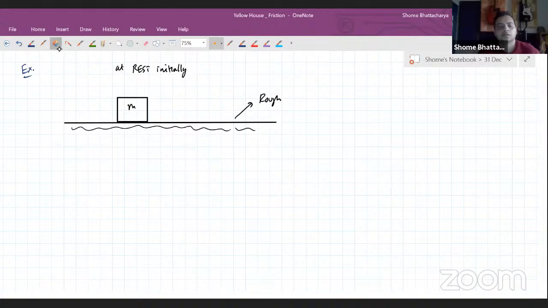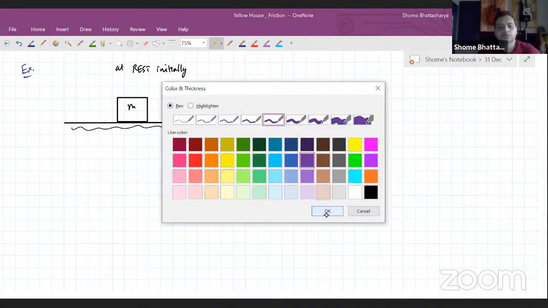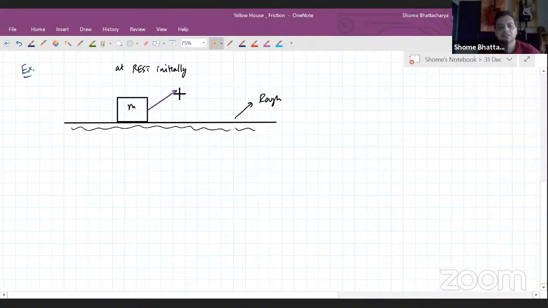Now this block is being pushed, or rather being pulled, with an external force acting at some angle with respect to the horizontal.